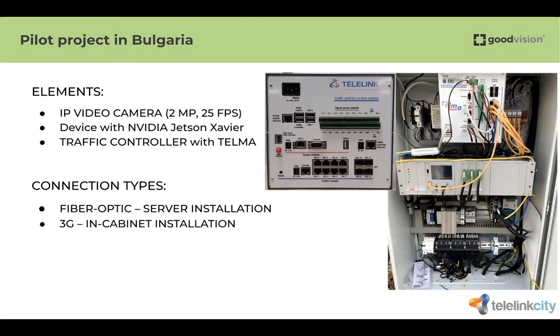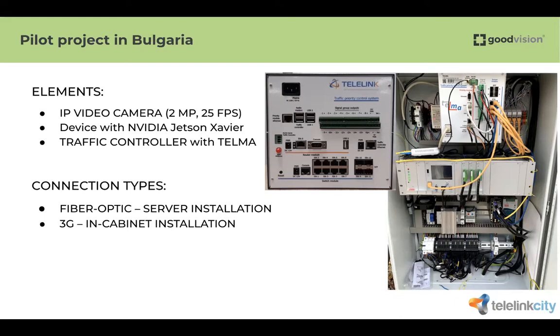From the experiment and the pilot tests, we saw that if there is a fiber optic connection between the cameras, the traffic controller, and the server, then it is better to place the device that runs the deep learning models in the server.